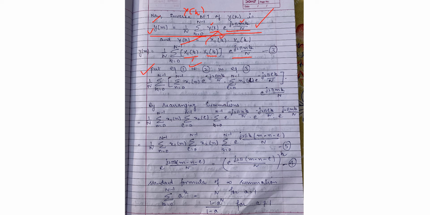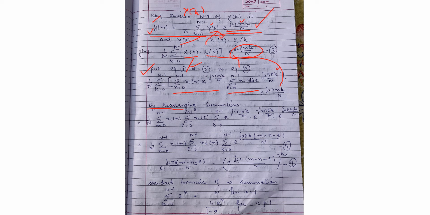X1 of k is summation n from 0 to N minus 1 x1 of n e raised to power minus j 2 pi n k upon N, and X2 of k is summation l from 0 to N minus 1 x2 of l e raised to power minus j 2 pi l k upon N, and this e raised to power j 2 pi m k upon N as such.